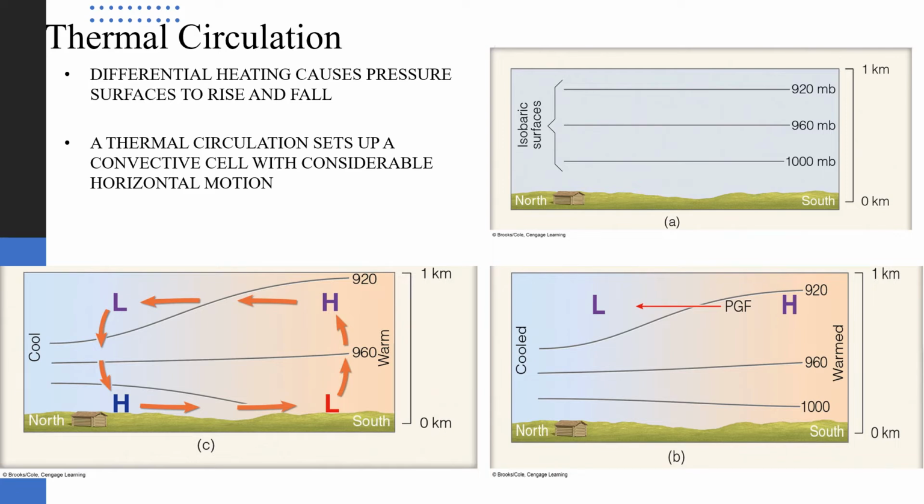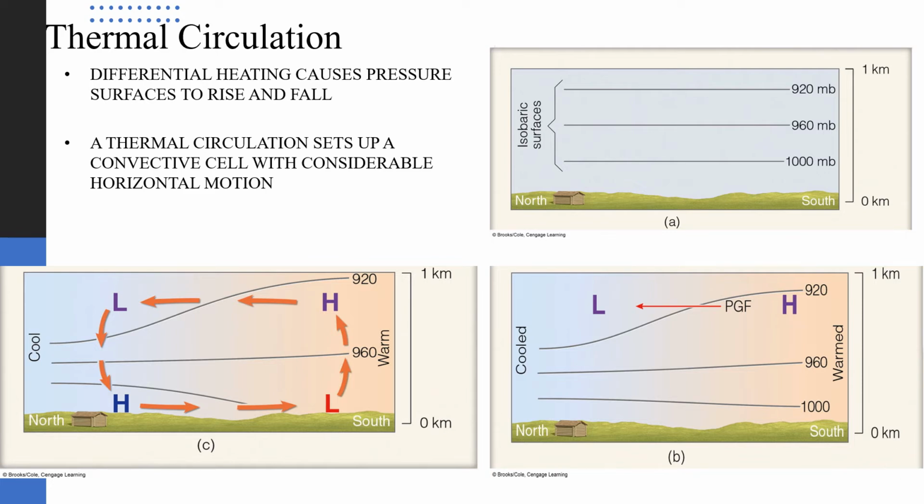At this level, the air flows horizontally northward towards the lower pressure. So it completes the circulation by slowly sinking and flowing out the bottom of the surface high.